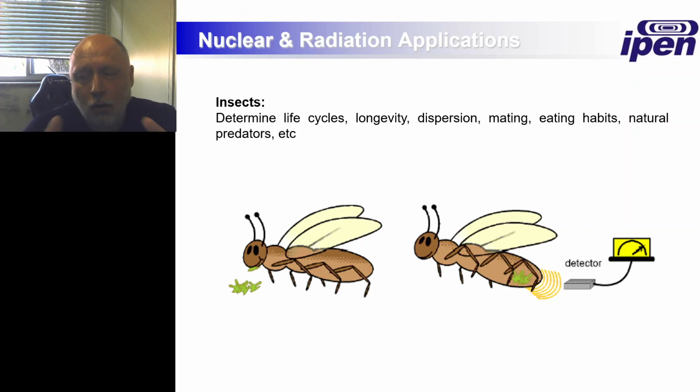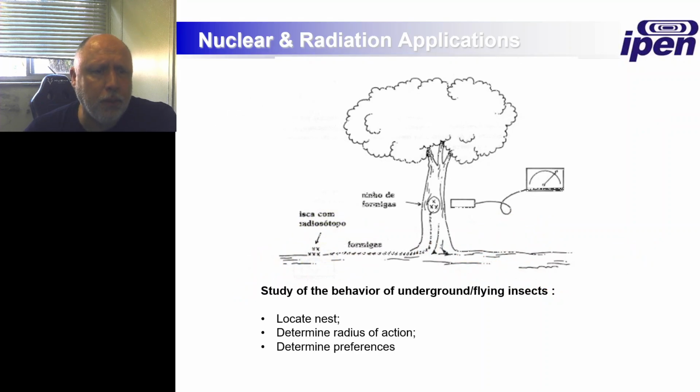So on your control farm, you can, for instance, put some radioactive material in a few of them, and you see how they disperse, you can identify uniquely that one bug, right? And that could help you understand a lot about their society, how they live, how long they live, what they eat, and everything.